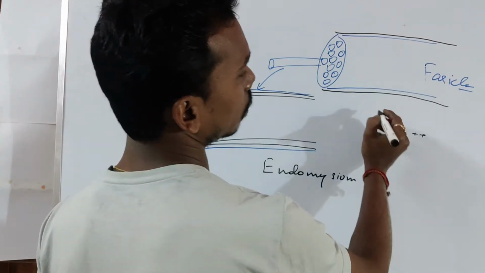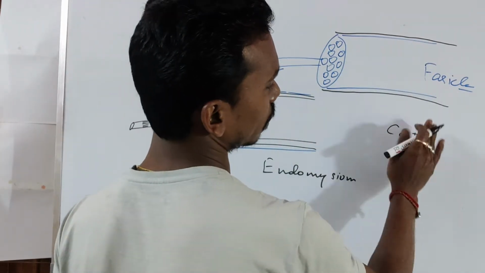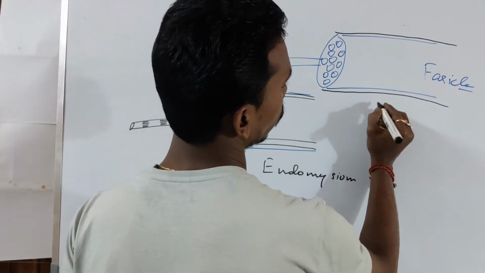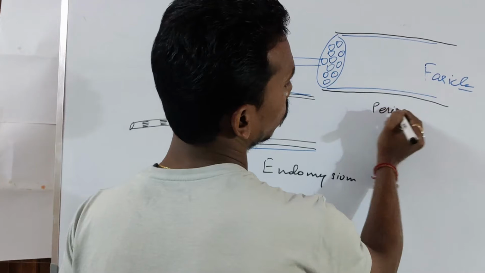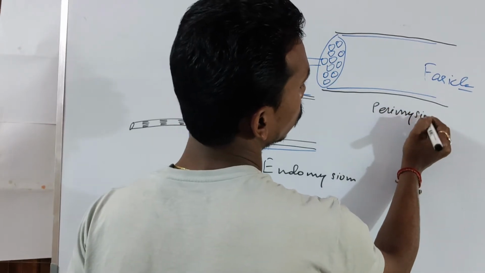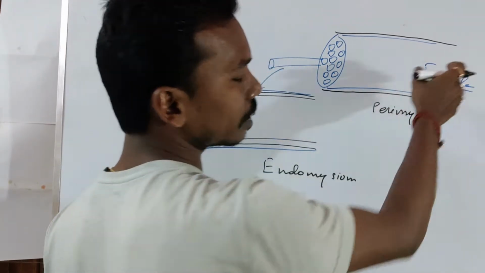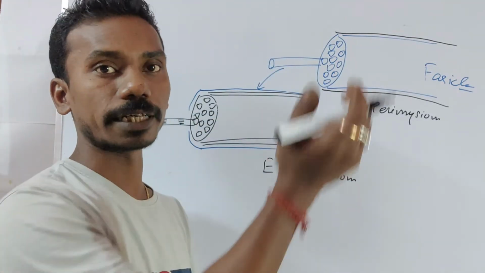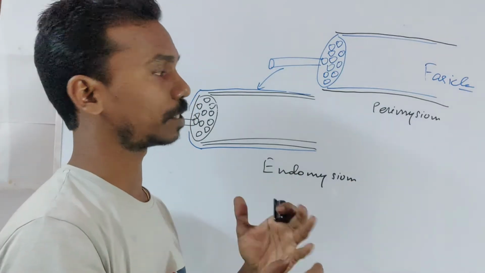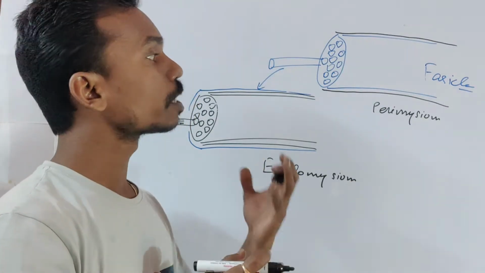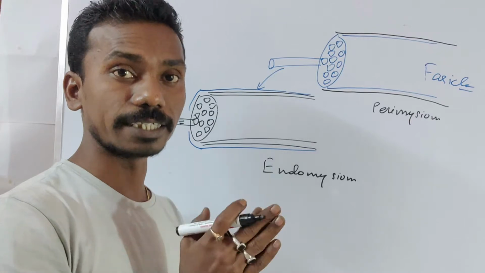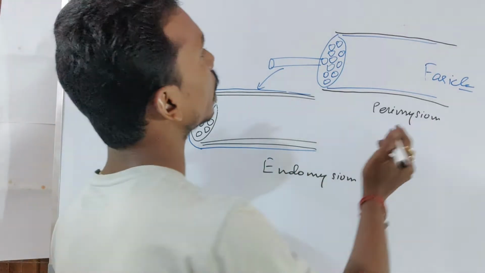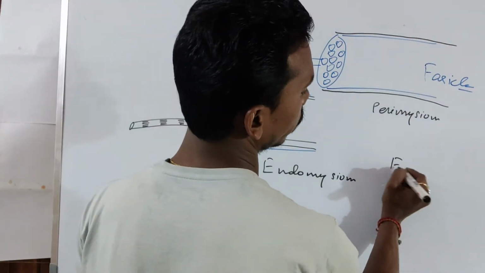This makes the fascicle, and the fascicle is covered by a connective tissue called perimysium. And a bundle of fascicles makes a muscle in our shoulder, our triceps, our biceps, the skeletal muscles specifically. These skeletal muscles are covered by a connective tissue called epimysium. I am writing it here.